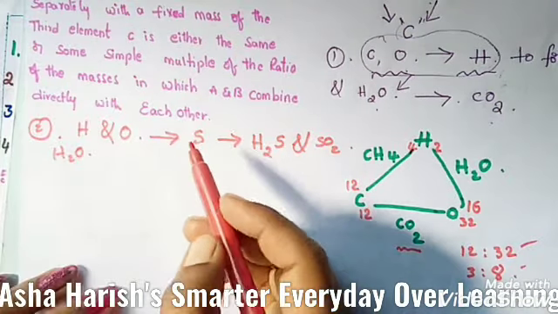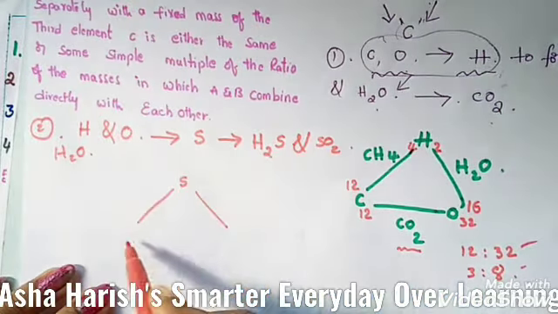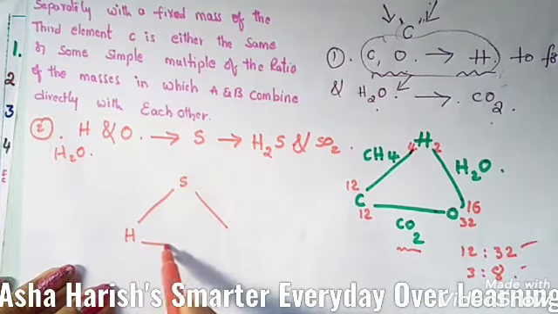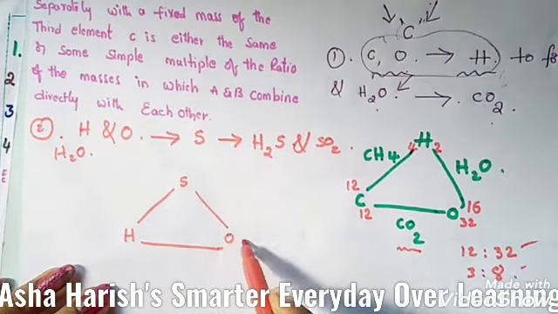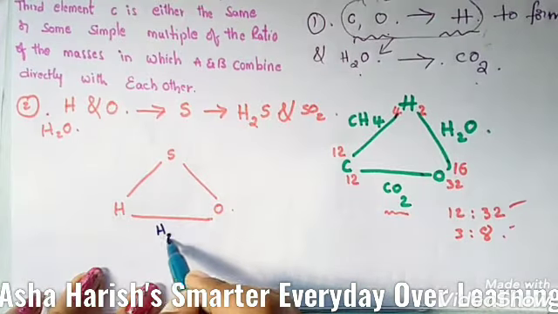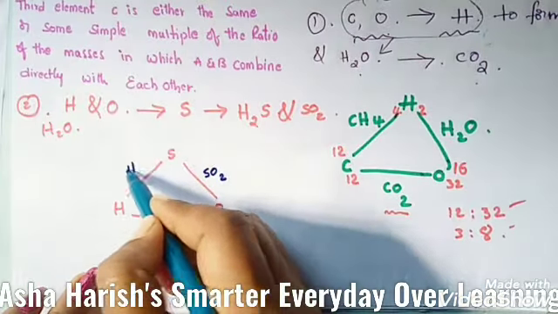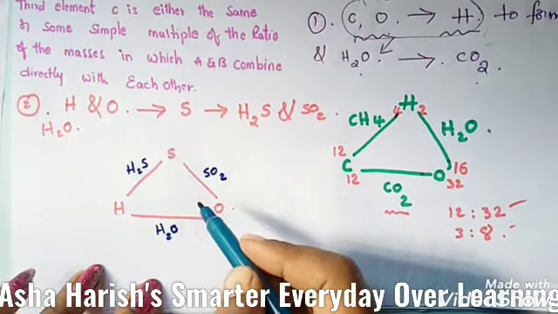And let's see now how it will be. Here is the sulfur, here is hydrogen, and the third element is oxygen. Here the formation of H2O takes place, here sulfur dioxide, and here hydrogen sulfide H2S.